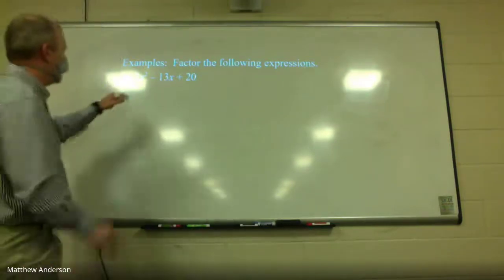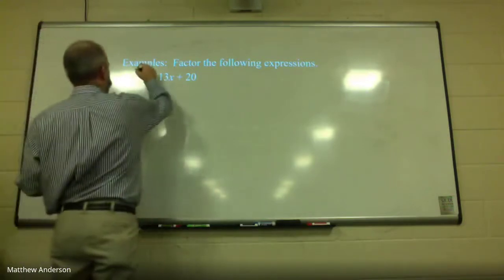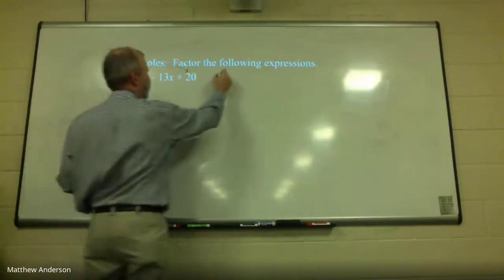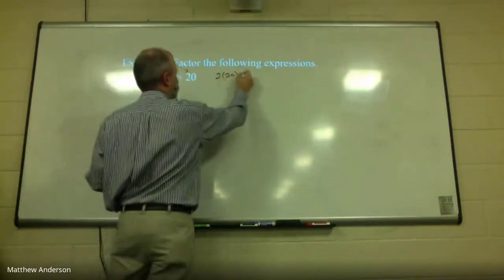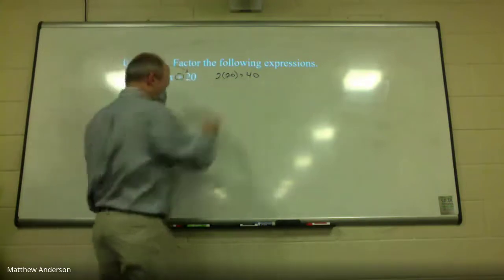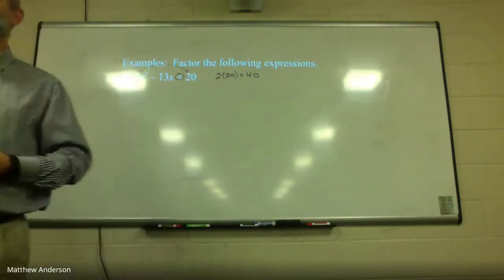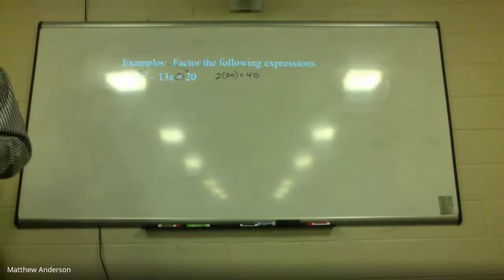So looking at this one, we start out the same way, right? A times C. So 2 times 20, which is 40. And this is positive. We notice that's positive. So what does it tell us that this is a positive? When we multiply 2 numbers together and we get a positive answer, what are the 2 choices? They're the same. Either they're both positive or they're both negative.